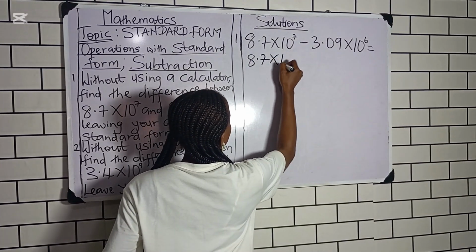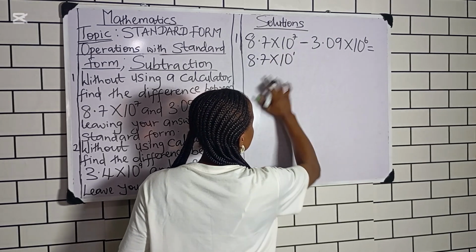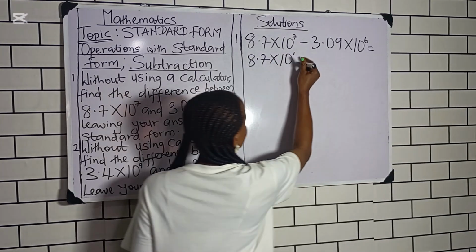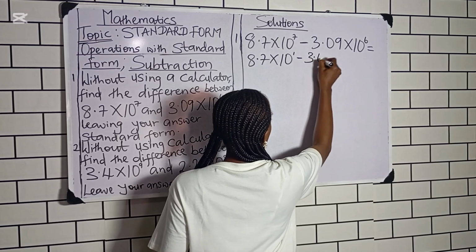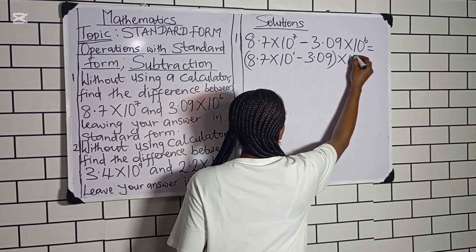8.7 times 10 raised to power 1. If we factor out 10 raised to power 6 from this, the remaining will be 10 raised to power 1, minus 3.09, all in bracket, times 10 raised to power 6.